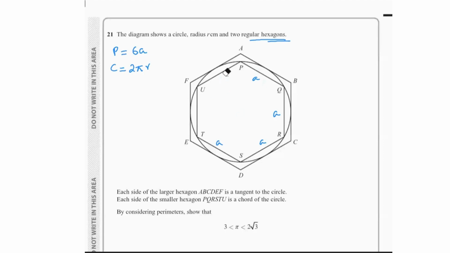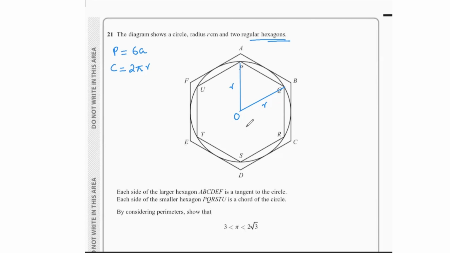So if we draw the radius, these two lines represent the radius because we're coming from the center. This is r and this is r, and we're going towards the circumference.